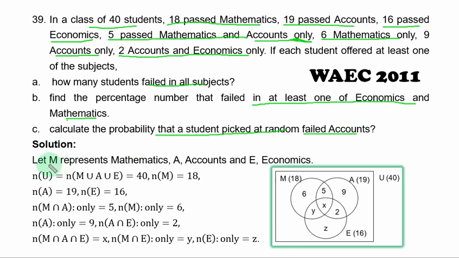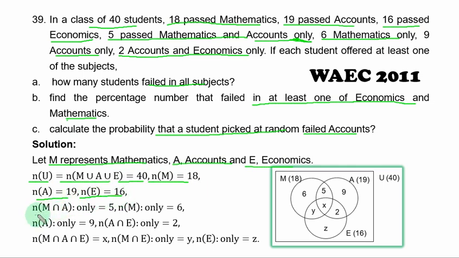Solution: let M represent mathematics, A accounts, and E economics. From the question, the universal set, which is equal to the union of the three subsets, is equal to 40. Those that passed mathematics, they are 18, accounts 19, economics 16.